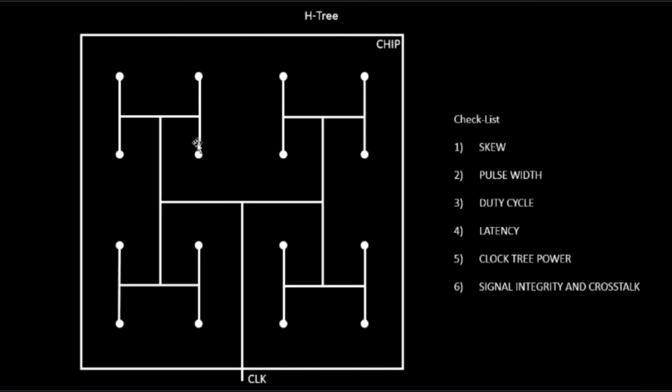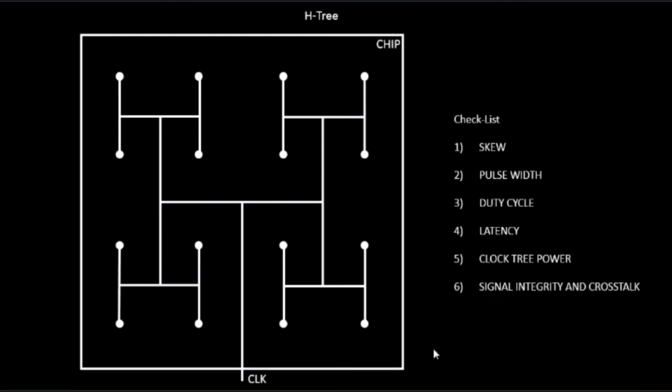In our case, for example, let's say the launch flop is sitting over here, and the capture flop is sitting over here. The purpose of this skew check is to check whether this clock signal is reaching this point and this point at exactly the same time. That's the purpose of skew. Or for that matter, this clock signal should reach each and every clock endpoint at the same time.